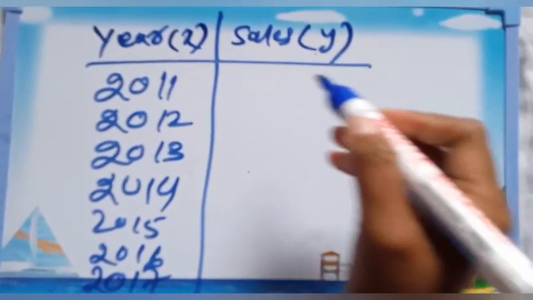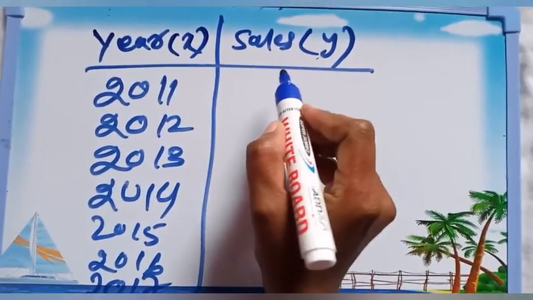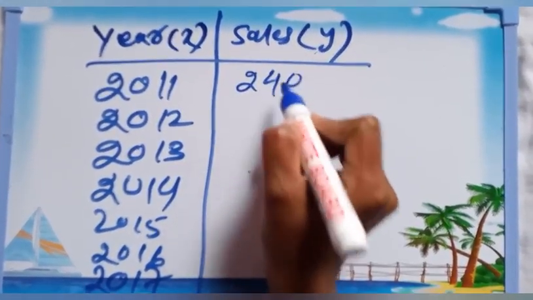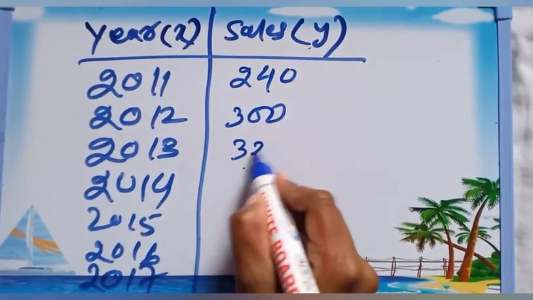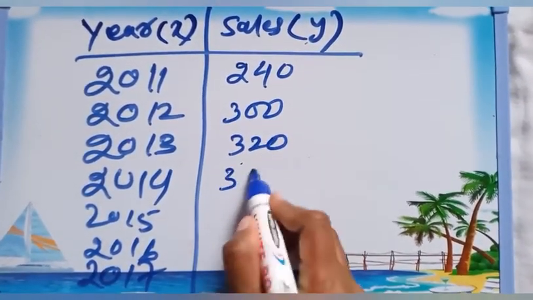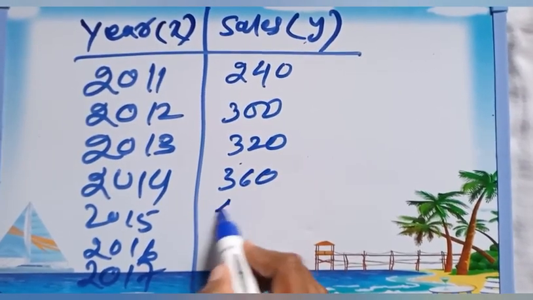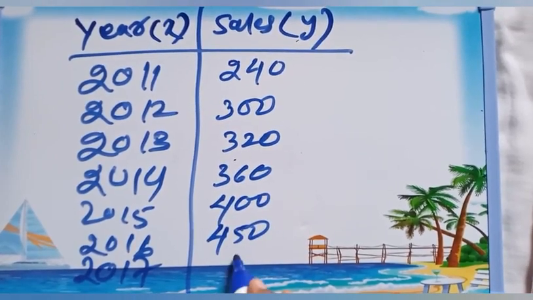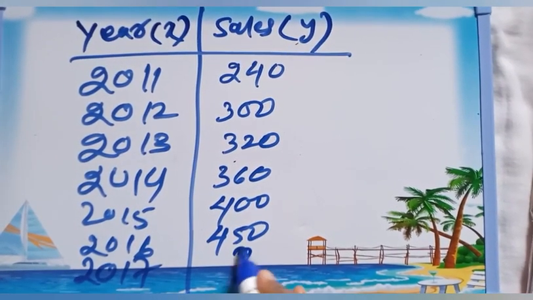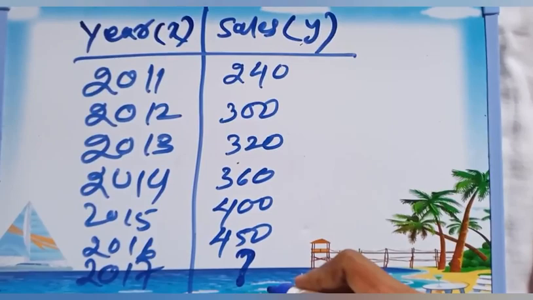Then under sales we have the first one 240, next 300, next 320, next 360, next 400, next 450, and next the missing value, where we don't have any value.